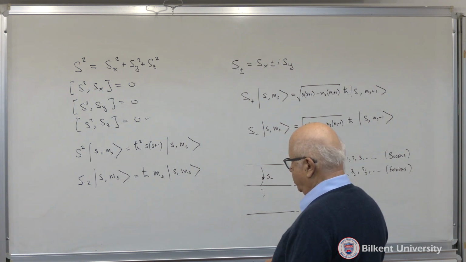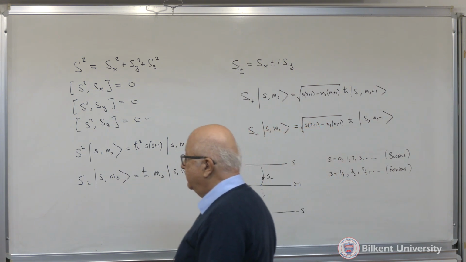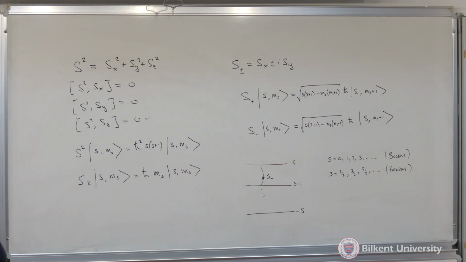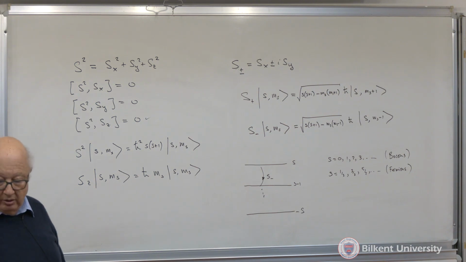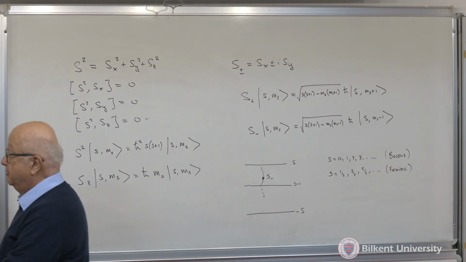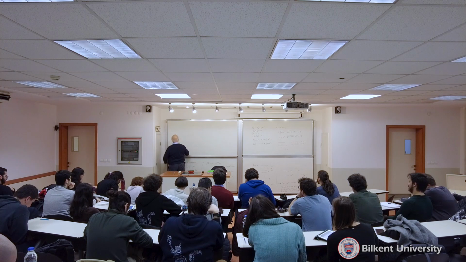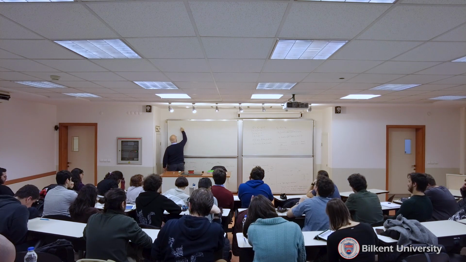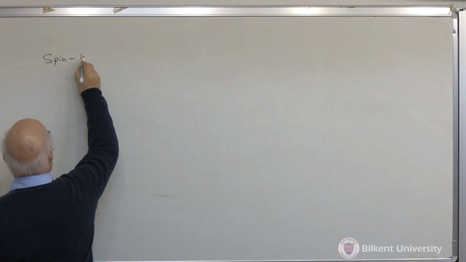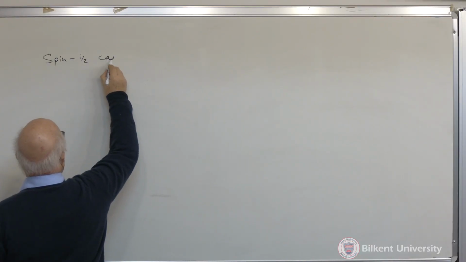All right, so now that we have done this, I'll just concentrate on the spin 1/2 case, because it's probably the most important case that we'll have, because that corresponds to the electron. So the spin 1/2 case.